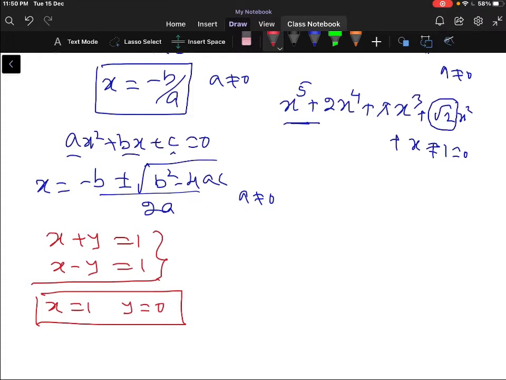Now let us consider three equations with three variables.